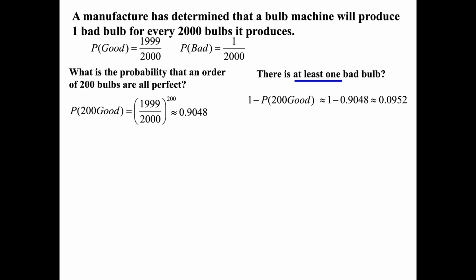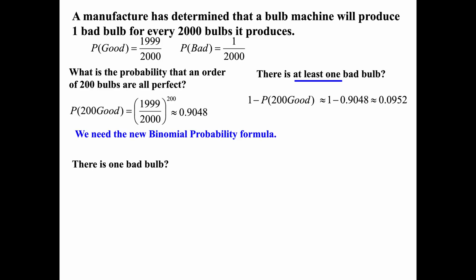All right, things we've seen before. Now, how do we get to our binomial probability? Is one they ask for specifically 1 bad bulb, 2 bad bulbs, 3 bad bulbs. All right, there is 1 bad bulb. So now we're going to say the probability of r being good, r will be our success.